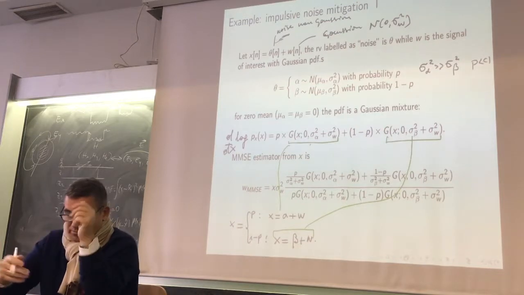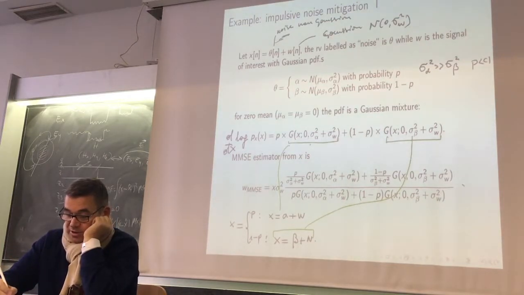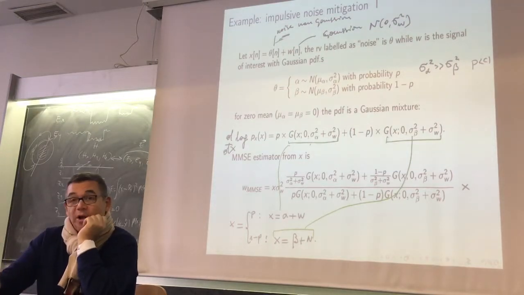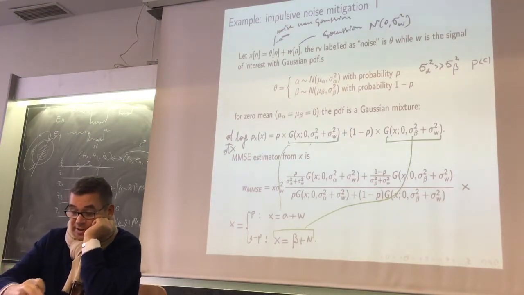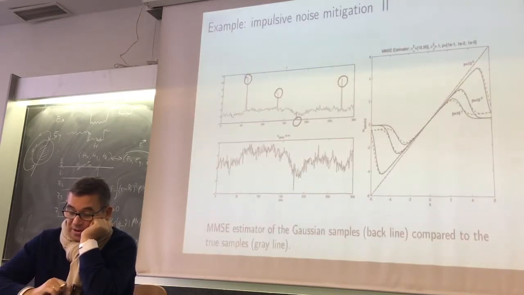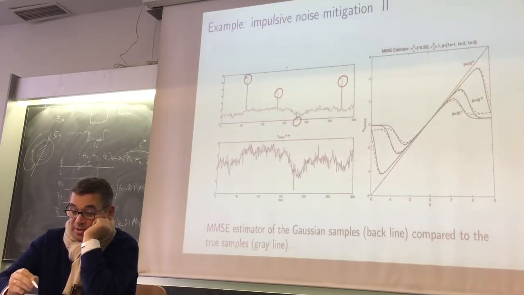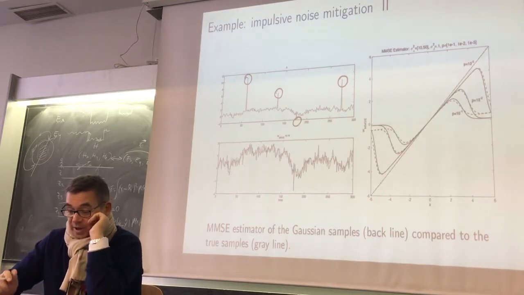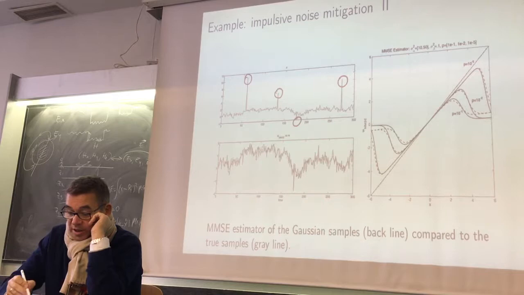So, manipulating, it comes out with this strange formula. Now, let's plot it. If I plot this strange formula, it comes out that my estimator has this strange behavior. But this strange behavior is very intuitive. This strange behavior is illustrating the following.